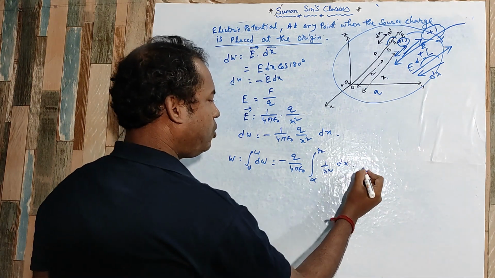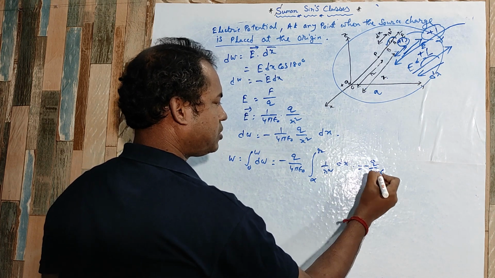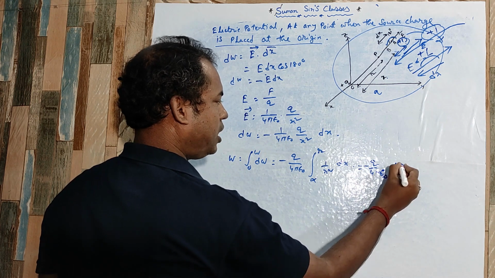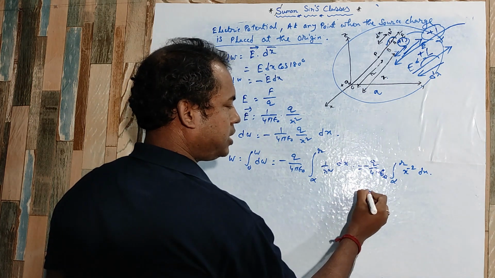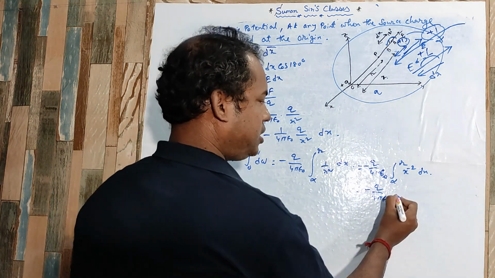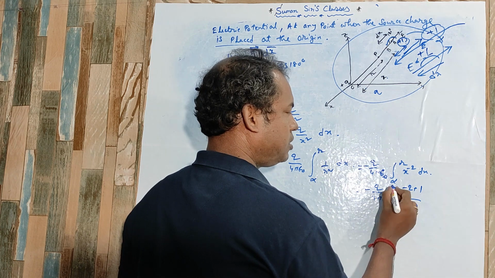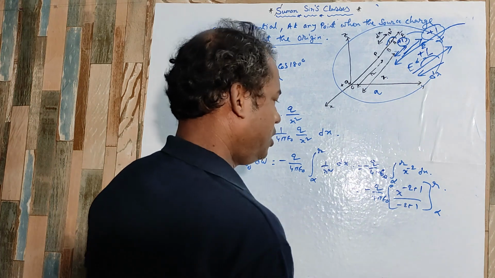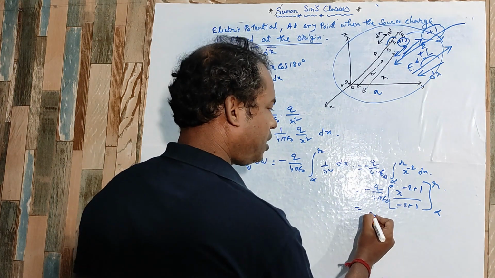Clear? So now it is equal to minus Q by 4 pi epsilon naught, integration from infinite to R, written in the form x to the power minus 2 into dx. When we integrate it, we get x to the power minus 2 plus 1 by minus 2 plus 1, from infinite to R. Minus 2 plus 1 is obviously minus 1.